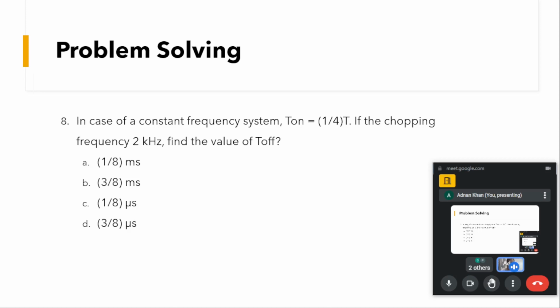T on is given, frequency is given, that means from the frequency we would be able to calculate the switching time period, Ts, and we know that T on divided by T on plus T off will be equal to D. You can try to solve this question and say which of these options is correct.